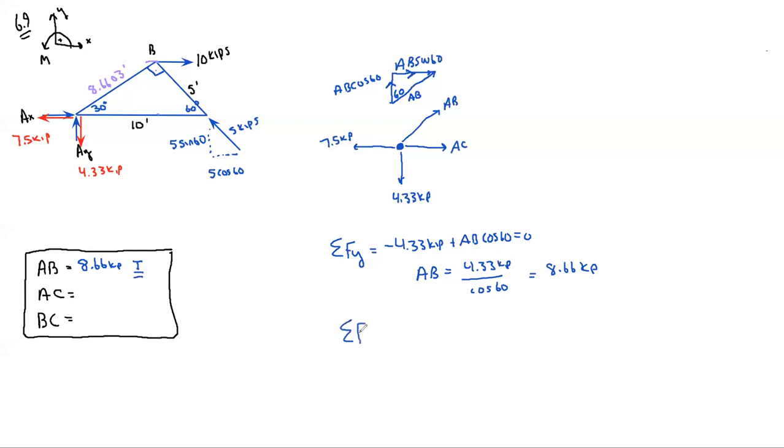Summation of the forces in the X direction, negative 7.5 kip plus AC plus AB sine 60. And we know AB. We recently did an outstanding job calculating that value.